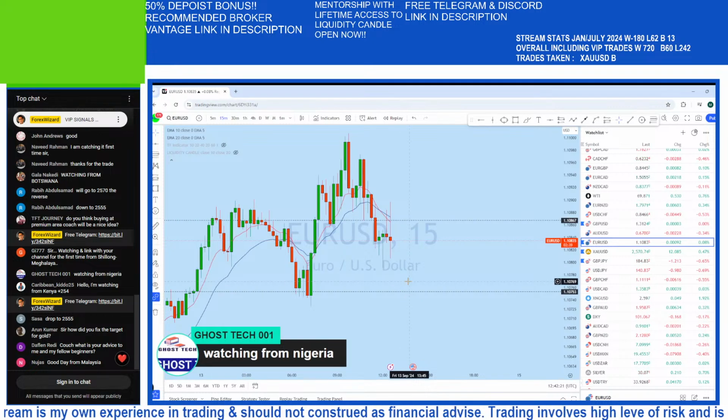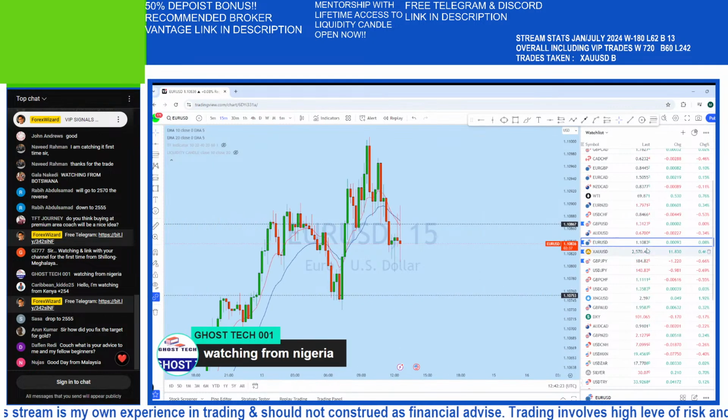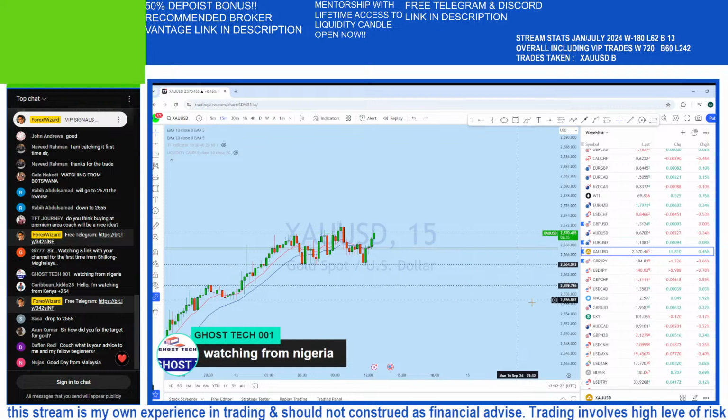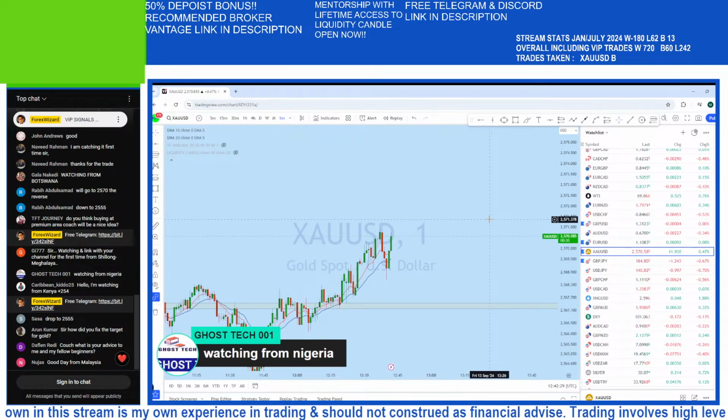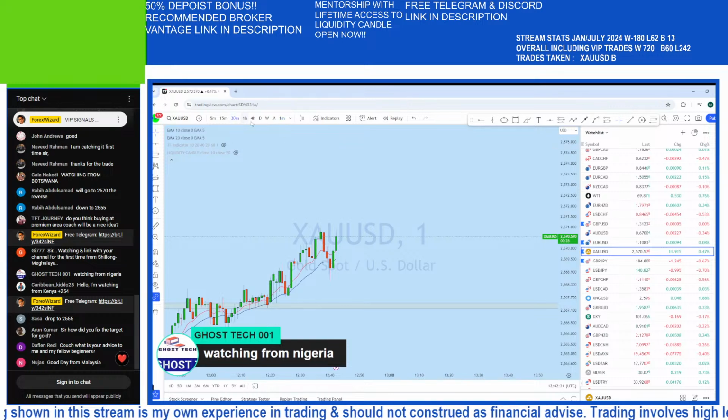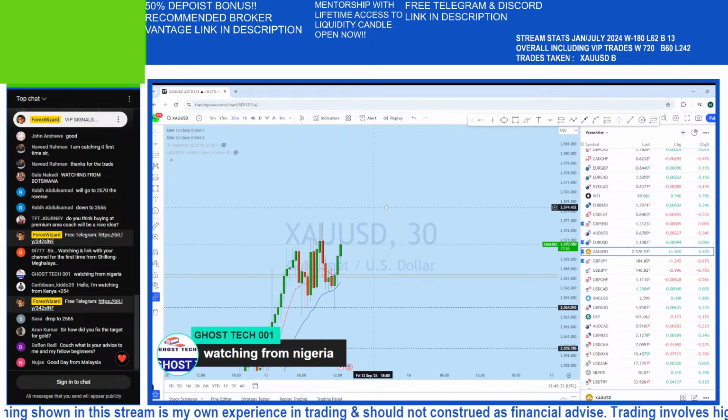Yes, so we might see a retest and then bounce back up, while we can see that gold just tested the support and again bounced back up. It also can come down for grabbing liquidity.